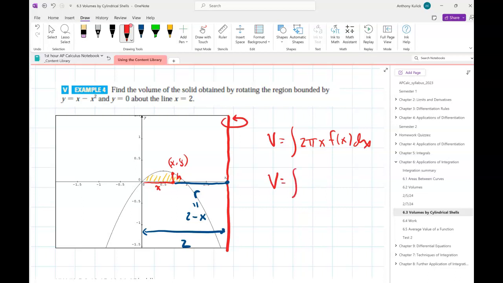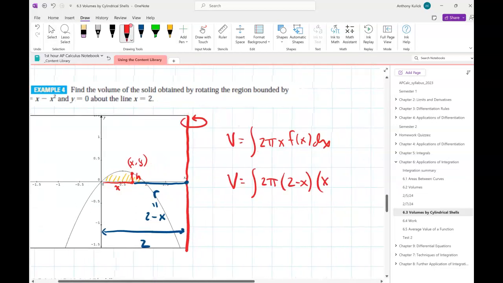So our radius then is 2 minus x. Our height is just the function. What are we integrating from? Well, if my radius, what is the minimum this could be? 1, right?